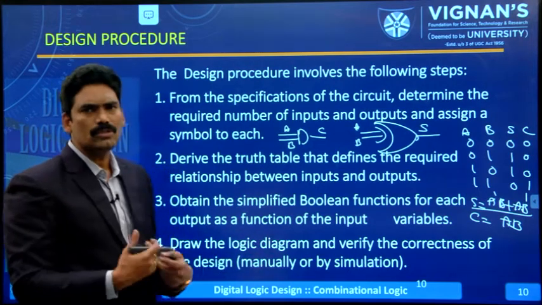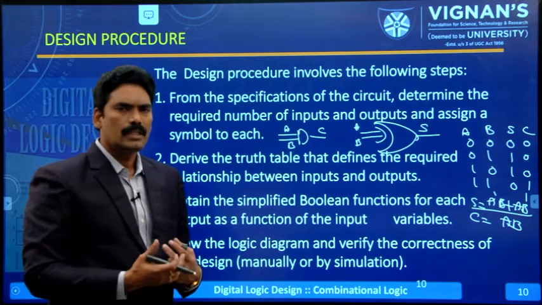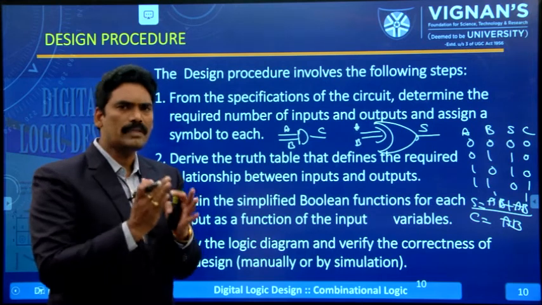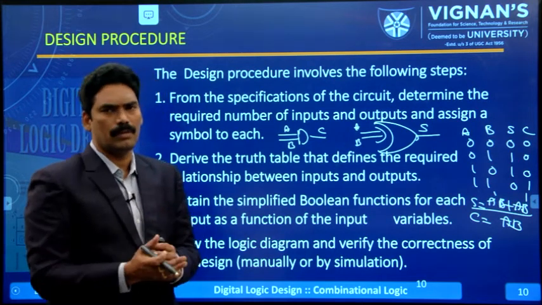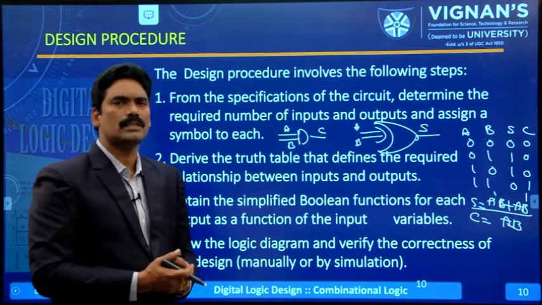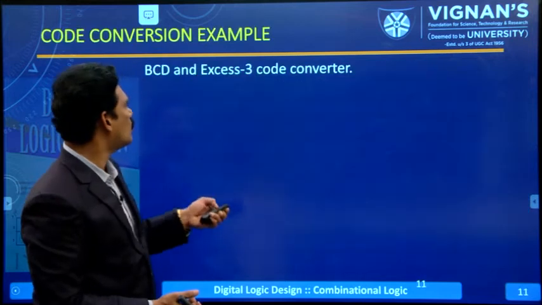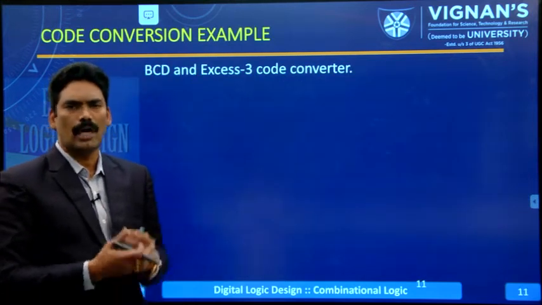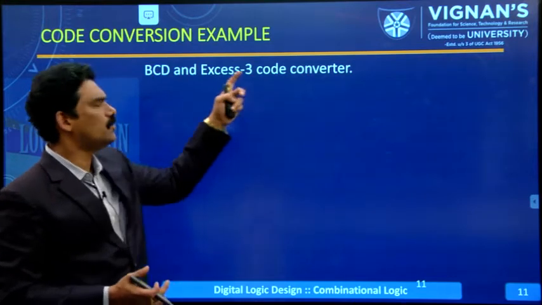Now we are going to discuss more examples. This was about analysis and design of combinational circuits. We have completed that part and are going to discuss examples. The examples are code converters. Code converters means, suppose we have a BCD number, this is a BCD to XS3 converter.